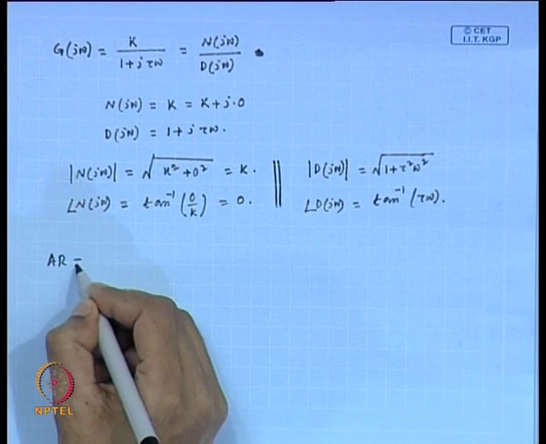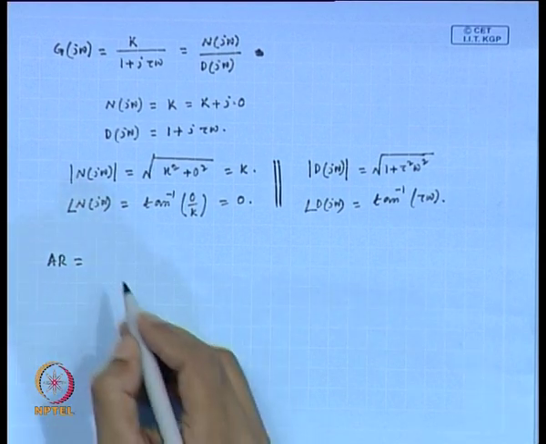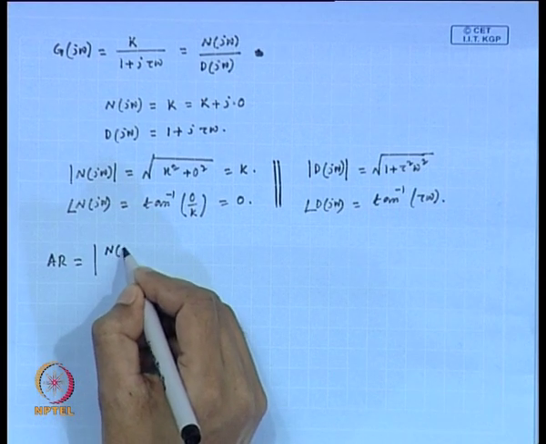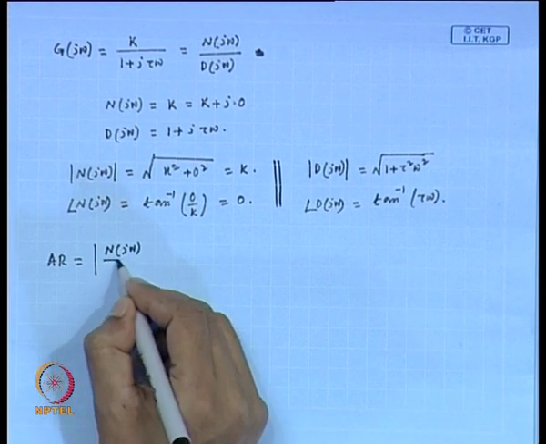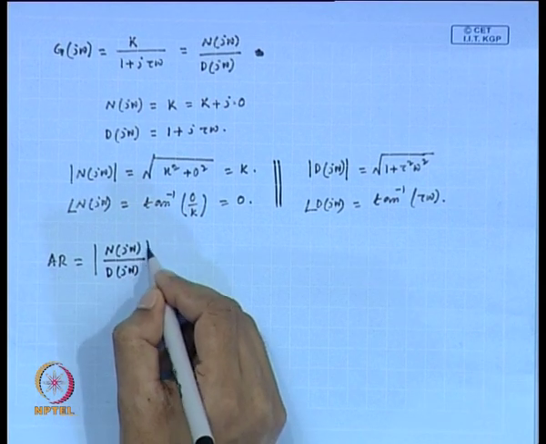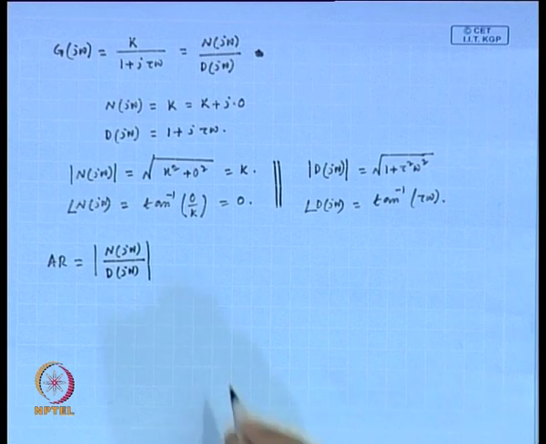Now, we know the amplitude ratio is the ratio of two magnitudes, magnitude of numerator divided by magnitude of denominator.